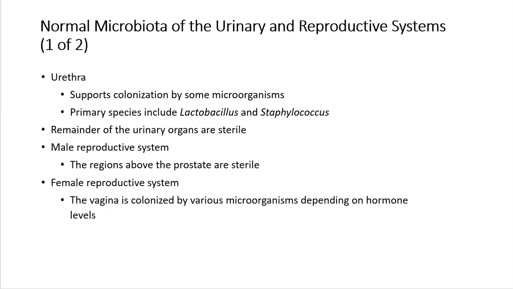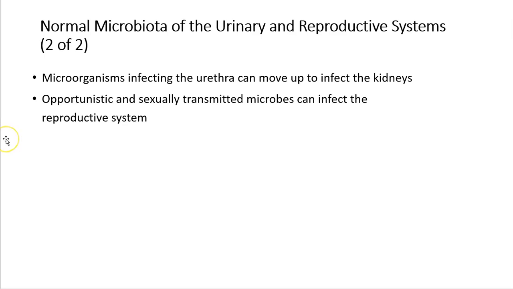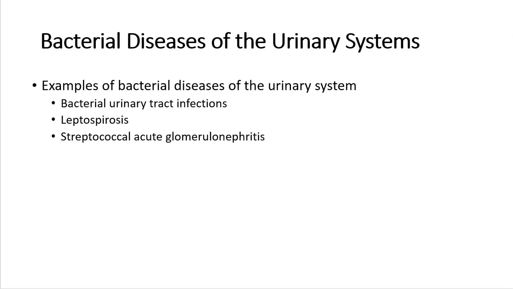For the female, the vaginal area is colonized by various microorganisms depending on hormone levels, but we want to see those levels because of introduction from the male with sexual intercourse. So the microorganisms that infect the urethra can move up and infect the kidneys. Opportunistic and sexually transmitted microbes can infect the reproductive systems.